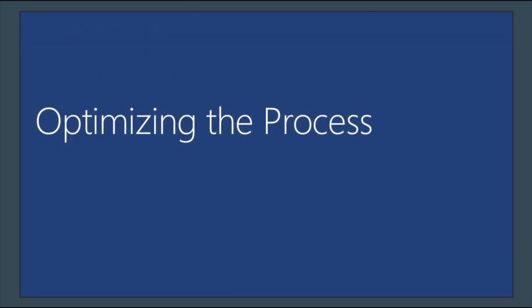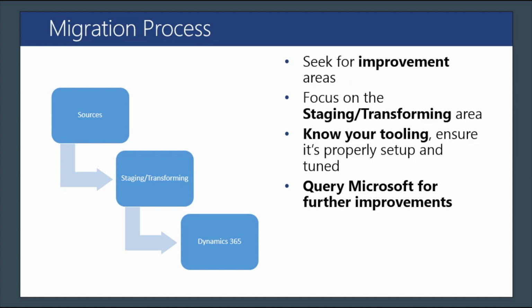So moving to the optimization of the process. Until now we were talking about designing, the things to consider, where to start from, and what other possibilities there are. The next section is about how you actually optimize that process when you're in it. Say you've got your tooling and process well designed, your different sources, your staging area, and then Dynamics 365.